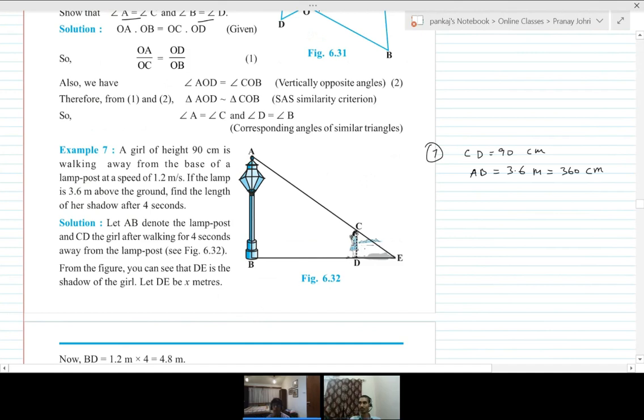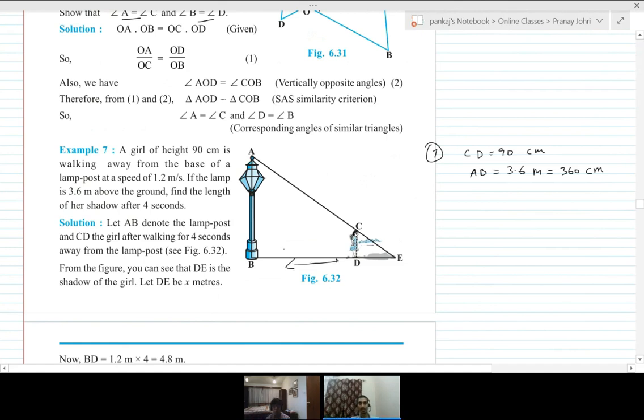It's walking away, so the length of the shadow will decrease, but I don't know.